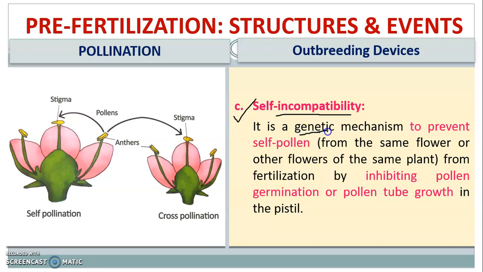It is a genetic mechanism. This mechanism is used to prevent self pollen.